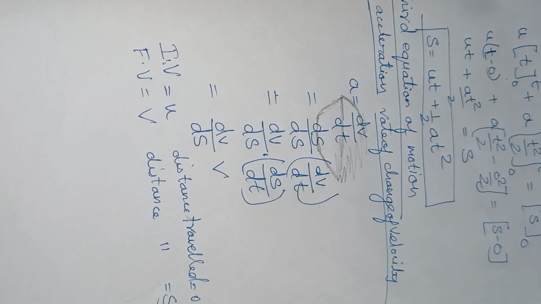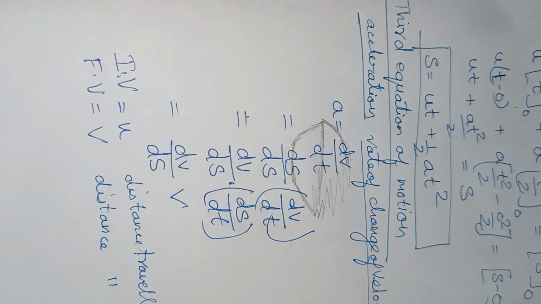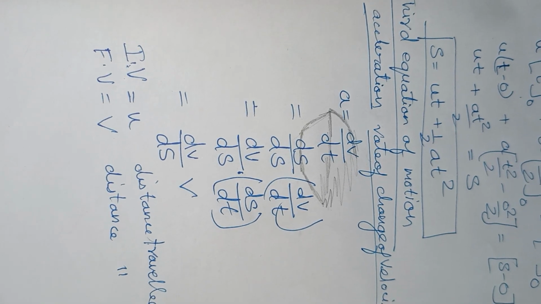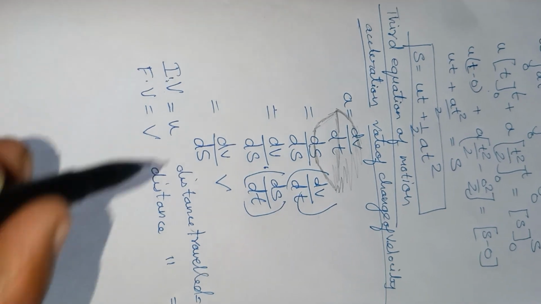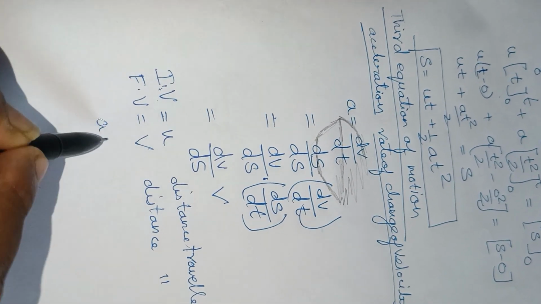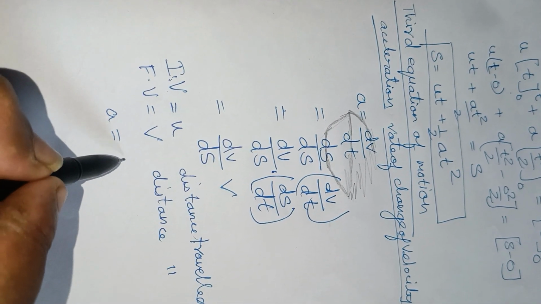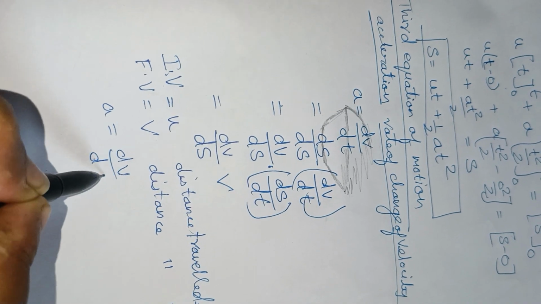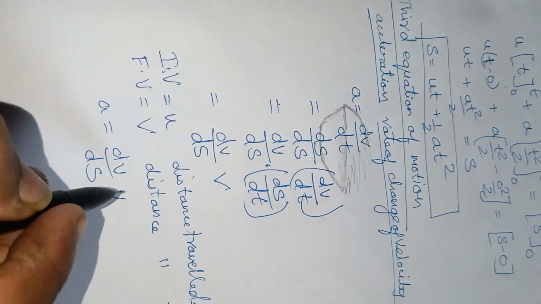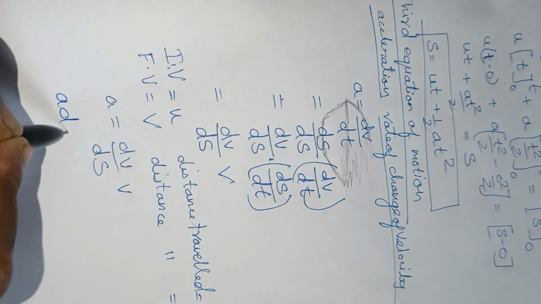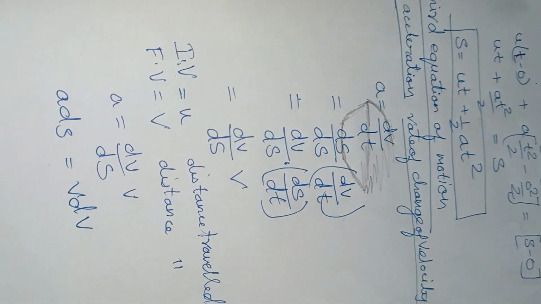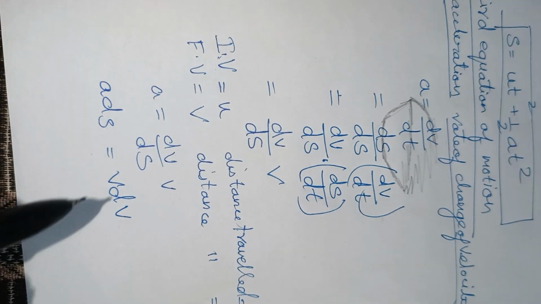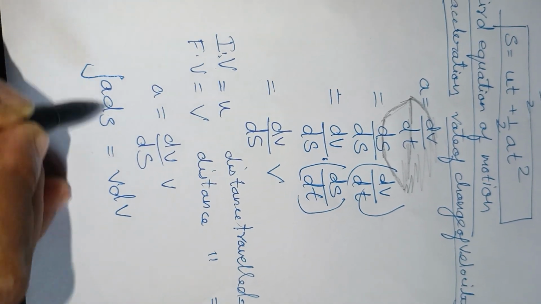So here we can write the equation as a equals dv by ds into v. Going for cross multiplication, a ds equals v dv. We have to apply the integration formula here.